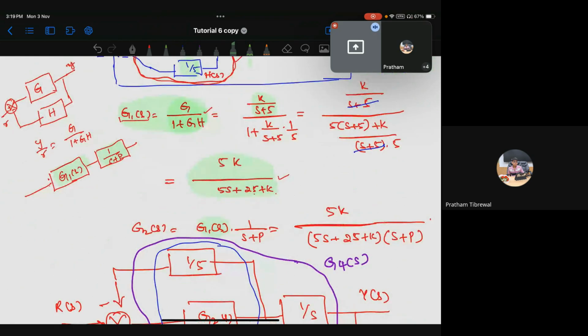We multiply G1 with 1 by s plus p. This combination is called a cascade combination. When you have something like this, we multiply both, G1 of s multiplied by 1 by s plus p. Clear? Yes. So that gives us G2 of s, and this is the expression.